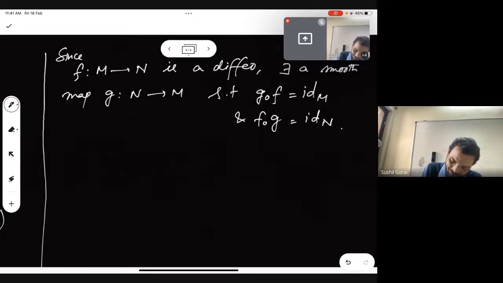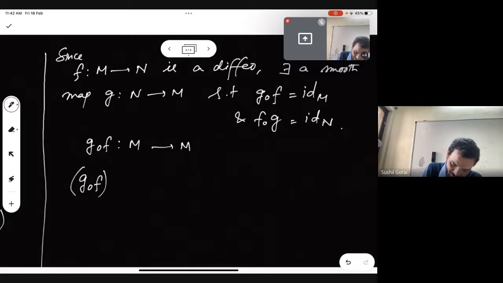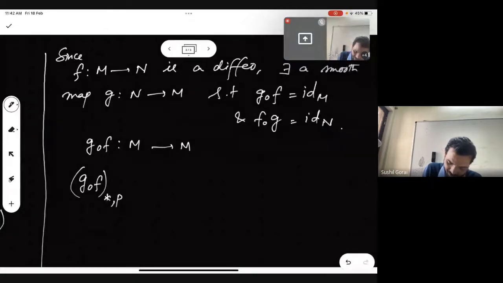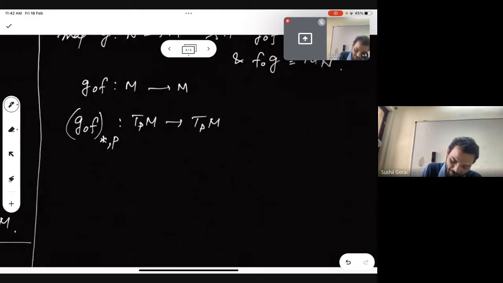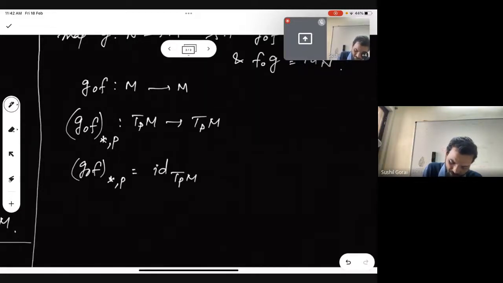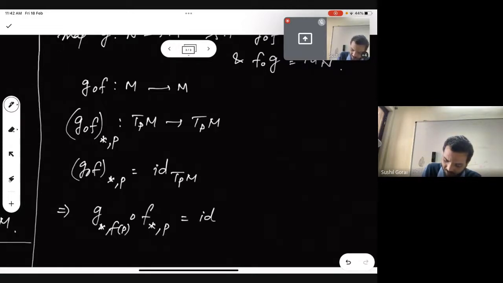So G compose F is a map from M to M. So (G compose F) star P is a map from TPM to TPM, and by the previous fact it is identity at TPM. By the chain rule this is G star FP compose F star P, which is identity TPM.